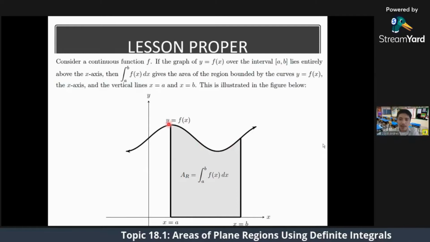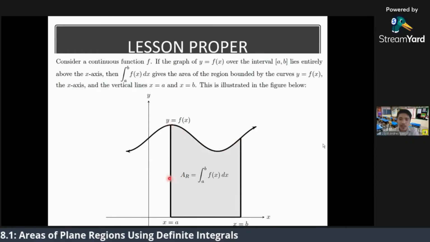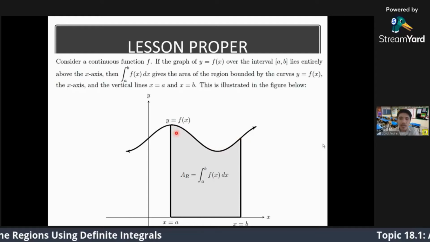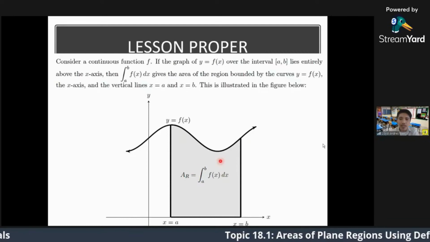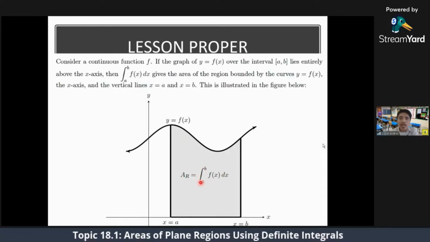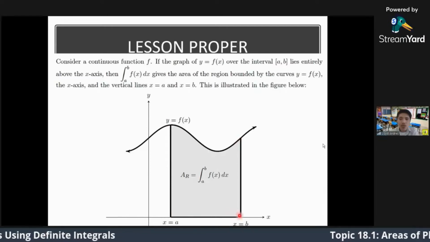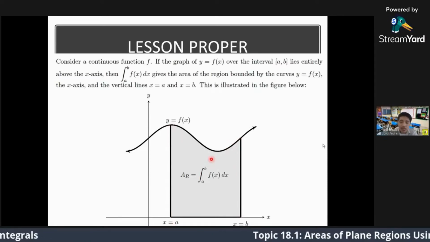Bottom line: if we have a continuous graph over the interval a to b, then the integral of f of x dx from a to b is just the area bounded by the curve, the x-axis, and the vertical lines. In short, this gray shaded area.